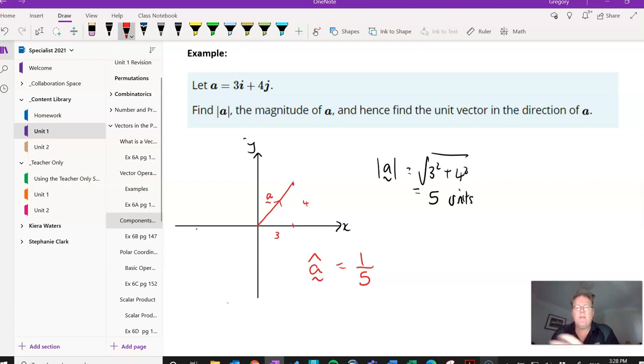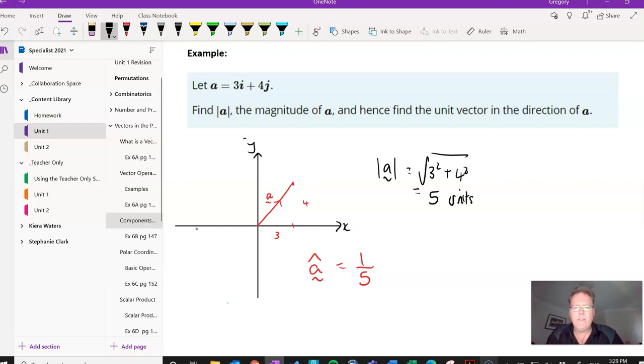But we've already discussed the idea that a vector has to have both magnitude and direction. So we've got the magnitude part. The unit vector is 1/5 long. But what direction is it? Well, it's going to be in exactly the same direction as our original vector.